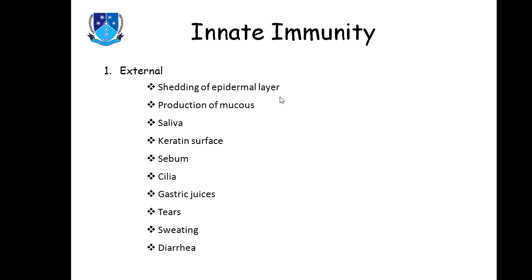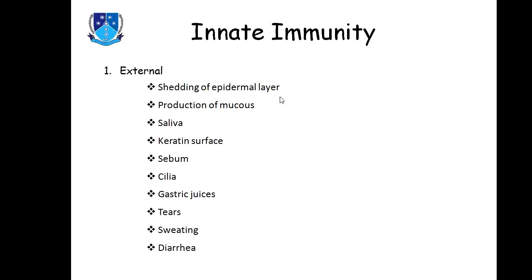Production of mucus. Mucus production takes place inside various types of epithelial cells that may be present inside the respiratory canal, the alimentary canal, and the urinary system.